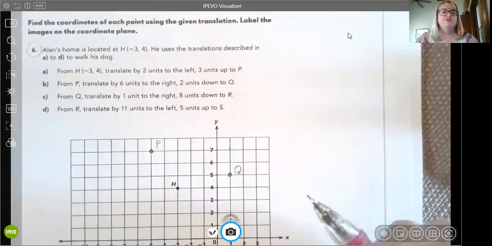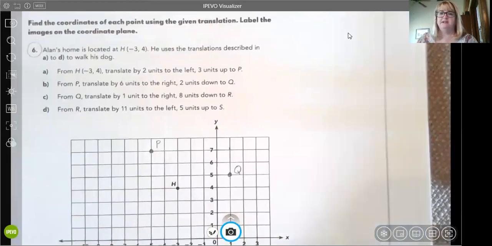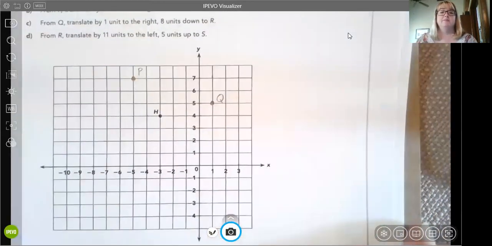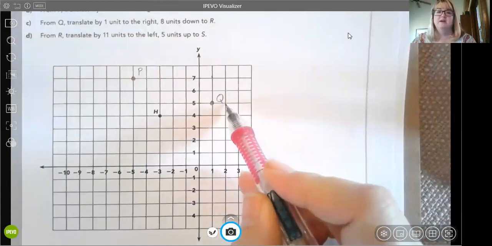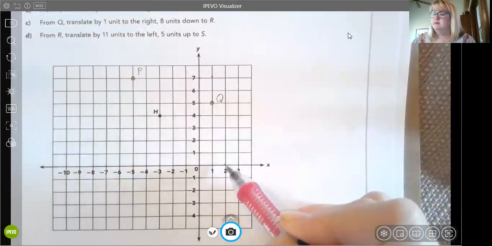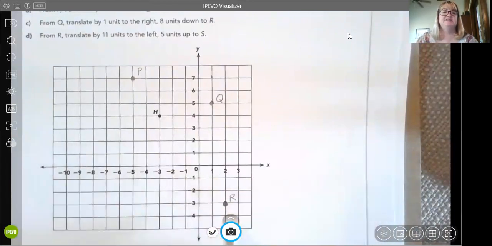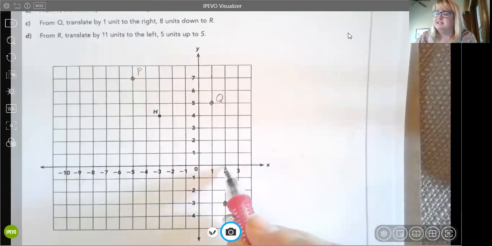Then from Q, translate by 1 unit to the right, 8 units down to R. All right, so I'm going to go from Q, 1 unit to the right, and then 8 units down. Okay, and this is called R. And then D says, from R, translate 11 units to the left, 5 units up to S. Right now R is at 2 on the x-axis.